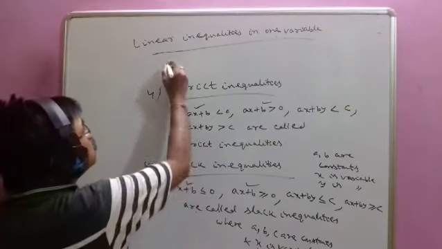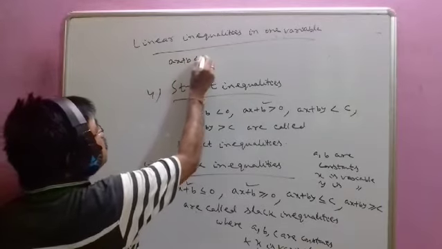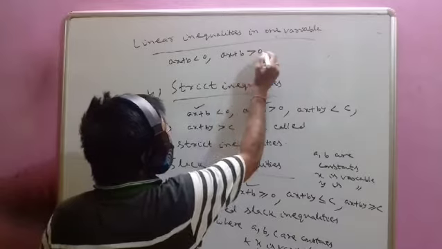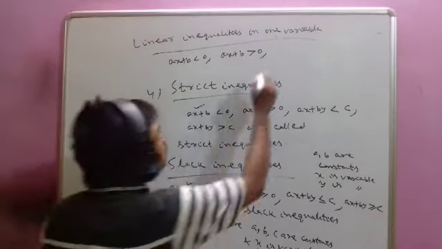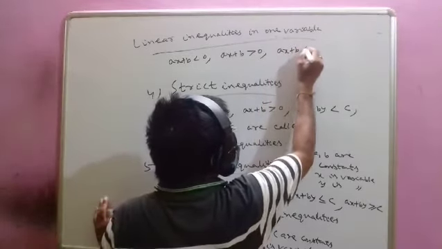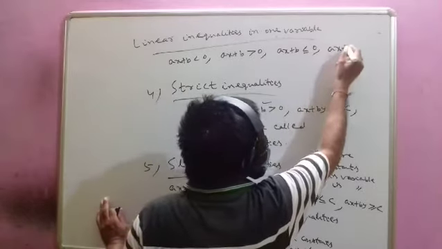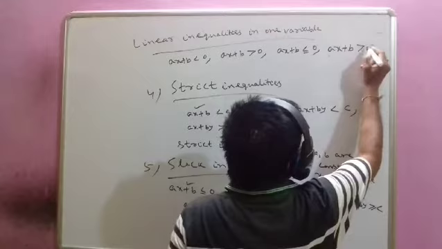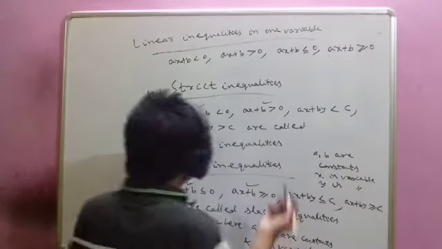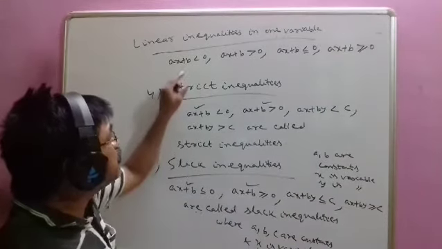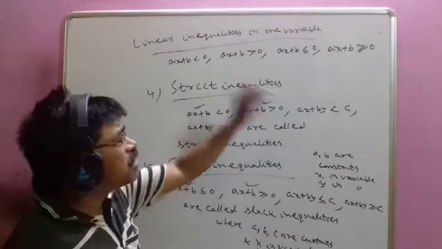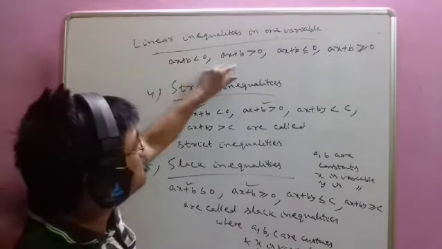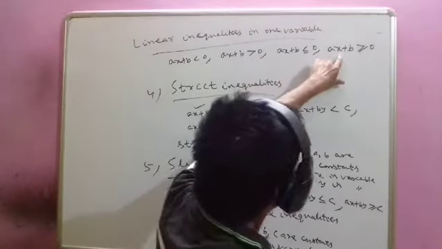So x plus b less than 0, x plus b greater than 0, x plus b less than or equal to 0, x plus b greater than or equal to 0. Inequality means the sign may be less than or equal to or greater than or equal to. Here a, b are constants, and only one variable, that is x.